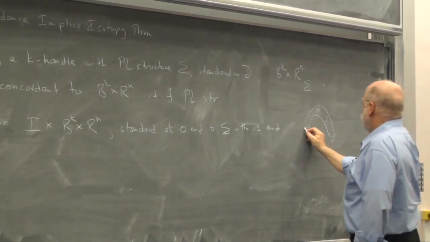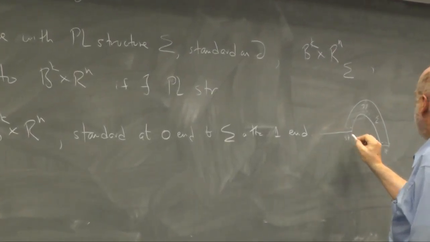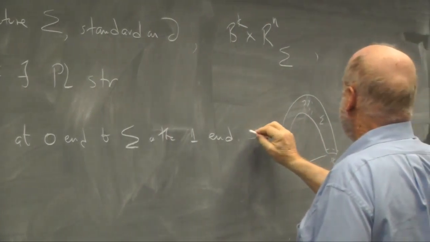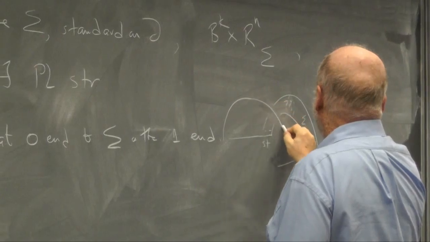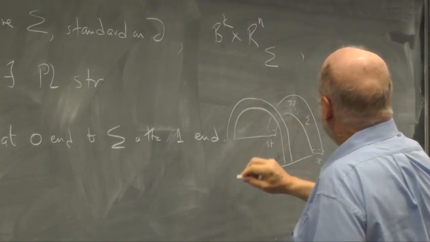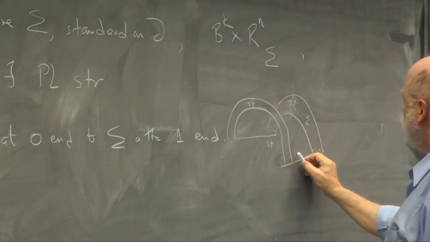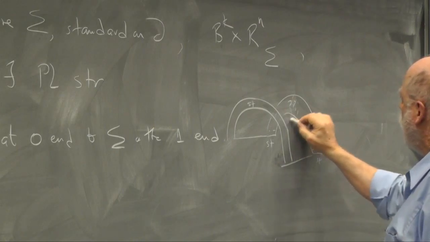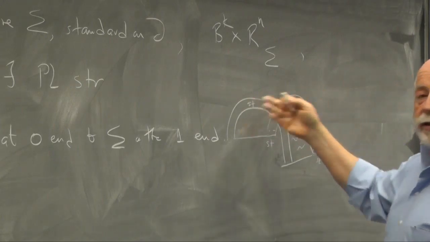Then you could cross with I. This end is standard everywhere, and in between it's wiggly, just some PL structure.